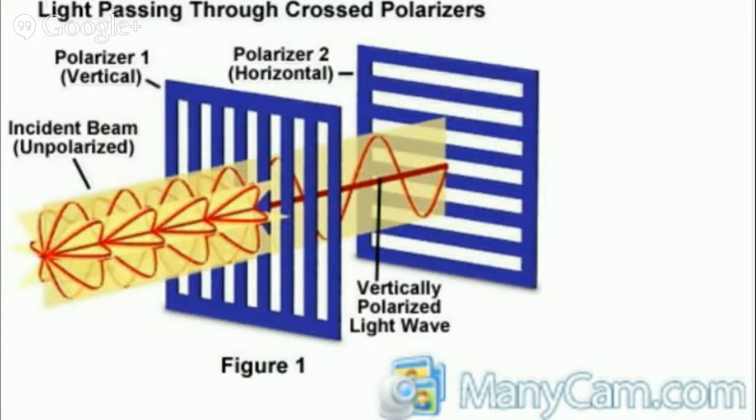They can either be oscillating up or down as they move forwards, or left and right, or something in between, so like diagonally. We can see in this diagram we've got up and down, left and right, and diagonally as well. So unpolarized light is made up of light waves oscillating back and forth in all sorts of different directions.